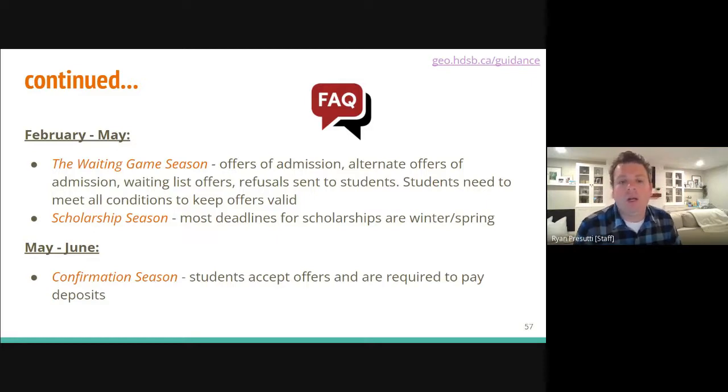And then, of course, unfortunately, in some cases, there are refusals and rejections that are sent from universities to students without some alternate offers. To note that whatever the conditions are in the offer, the student has to meet all those conditions to keep the offer valid.